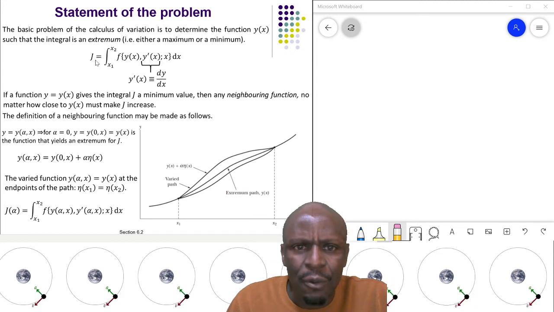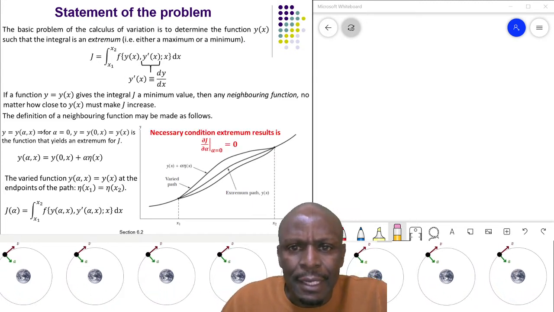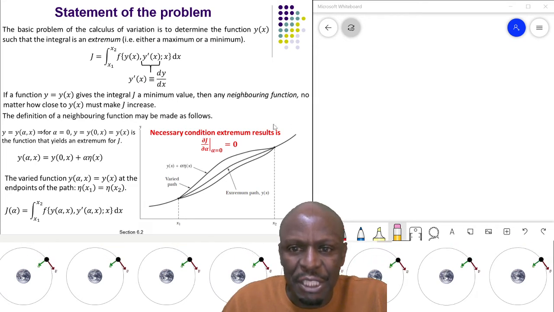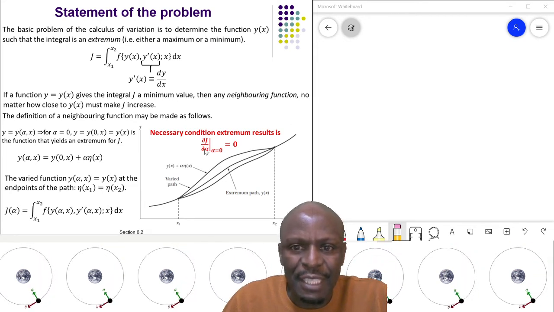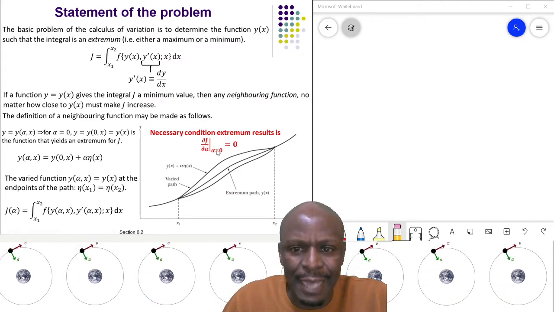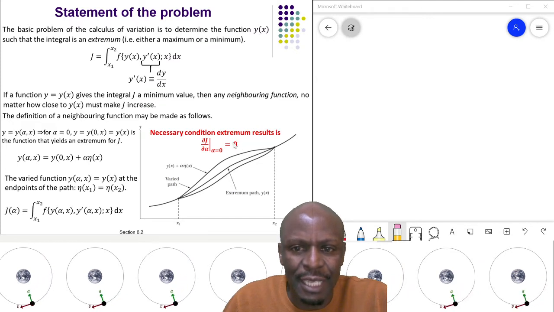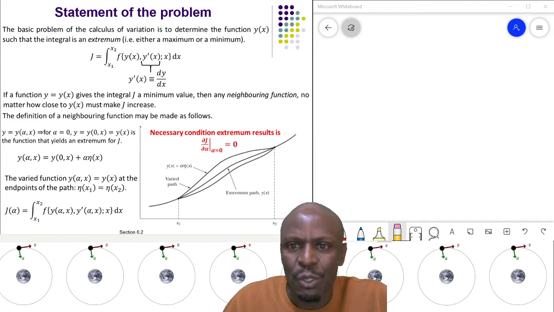Now in order for us to get the extremum, the necessary condition is that the partial derivative of J with respect to alpha, at alpha equal to 0, must just give us 0. I hope you are able to understand it.